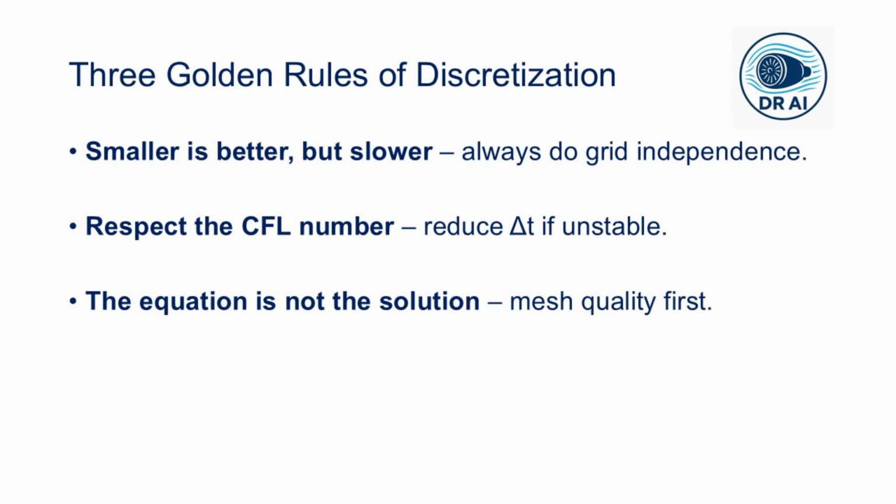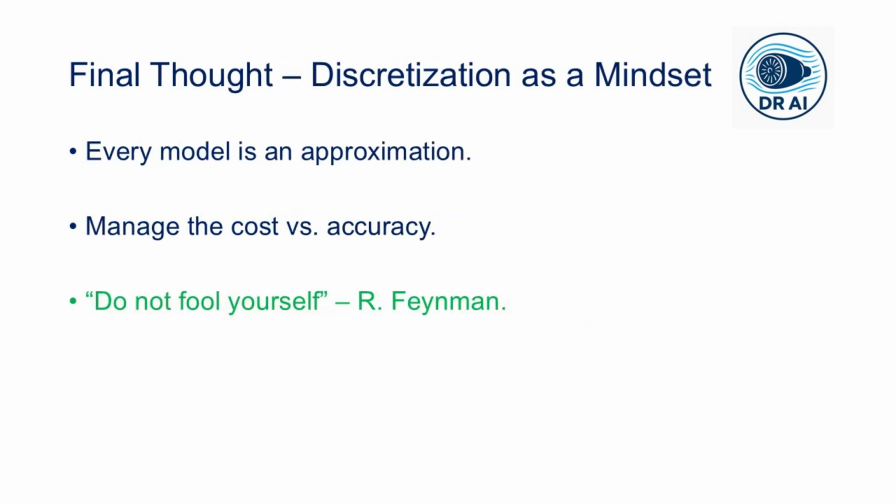So, discretization is not just a mathematical technique, it's a mindset. It teaches you that every model is an approximation and every approximation has a cost. Your job as an engineer is to manage that cost, to choose the right slices of bread, the right time steps, the right mesh, so that your simulation is useful, not perfect.